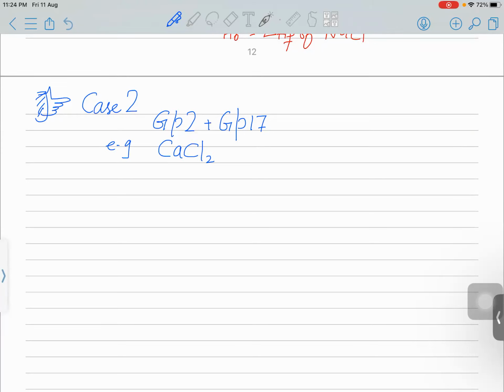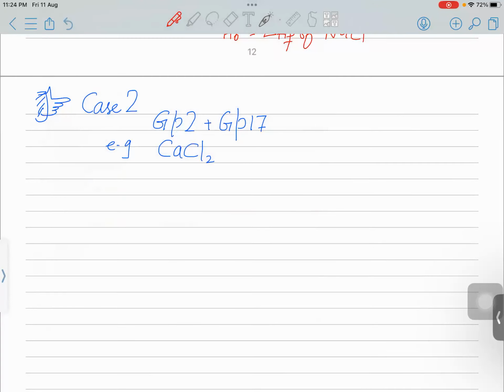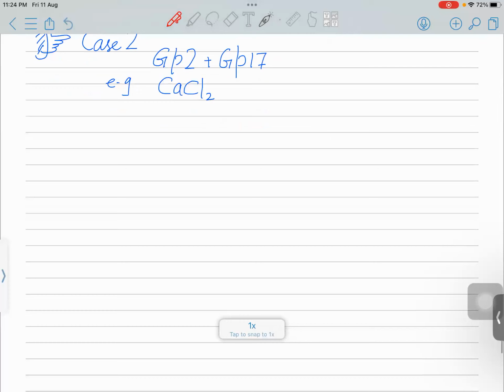Now, Alia, how can I start? Can you help me how to solve this calcium chloride? So, sir, they'll be in the elemental form: calcium in the solid state and half Cl2 in the gaseous state. First start from the calcium.